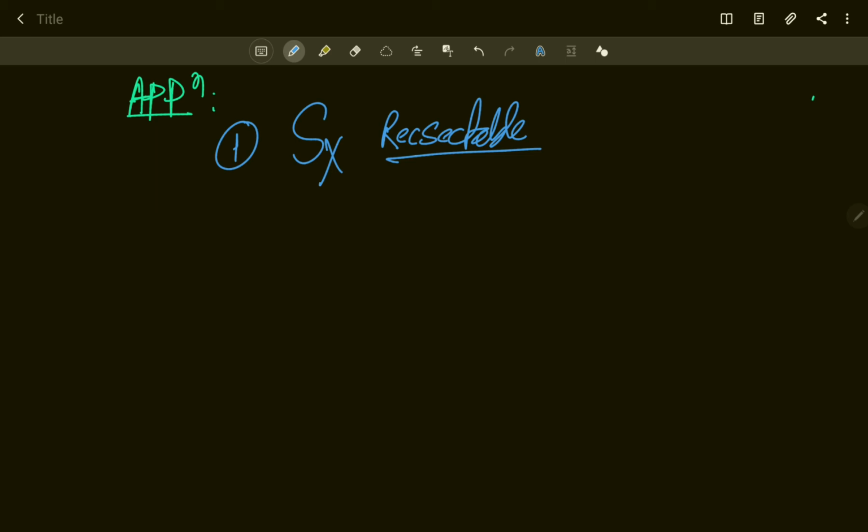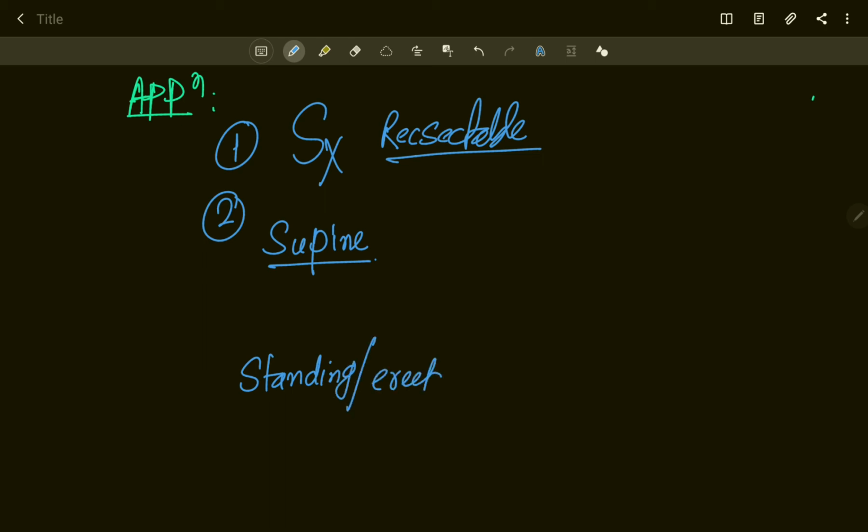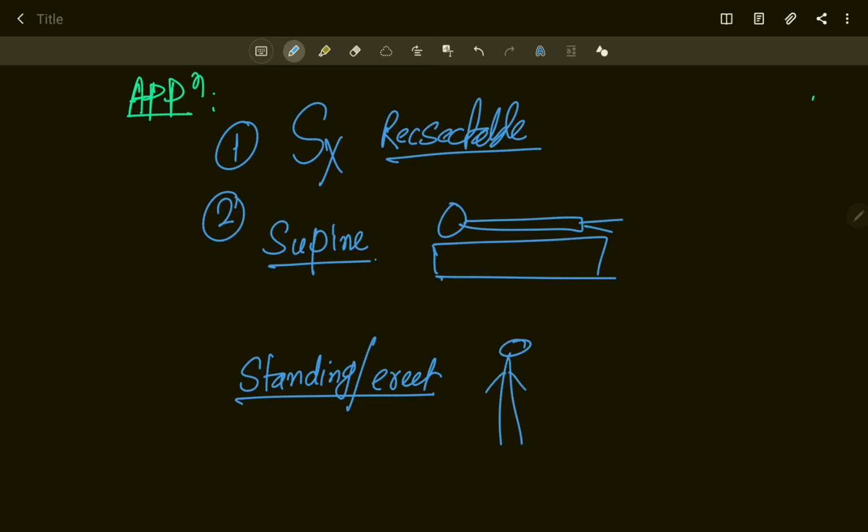They are not dependent on each other. Next, there are two cases: one is supine posture and one is standing or erect posture. Supine means bed lying posture. Standing or sitting, but erect posture.